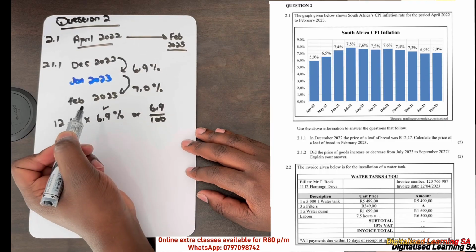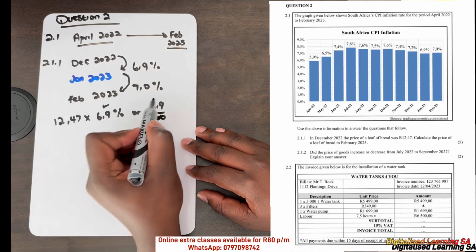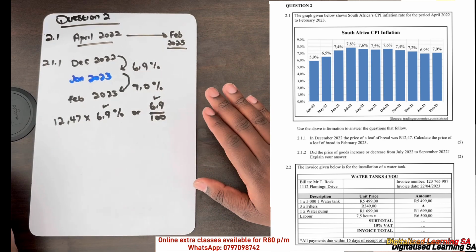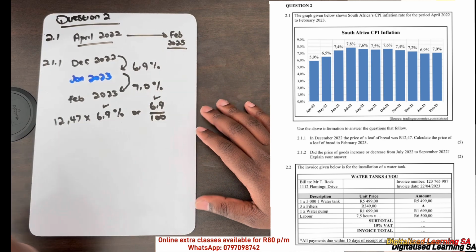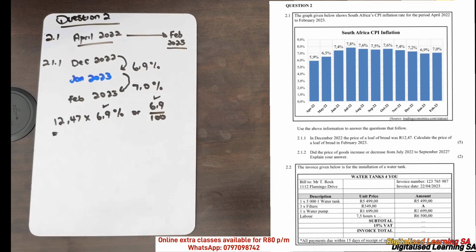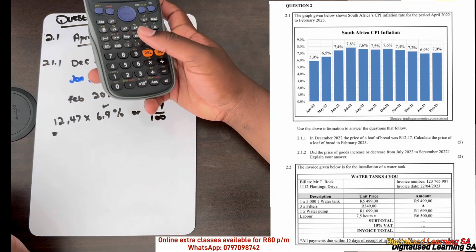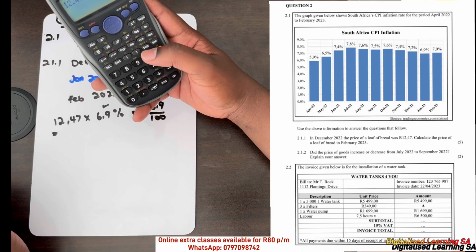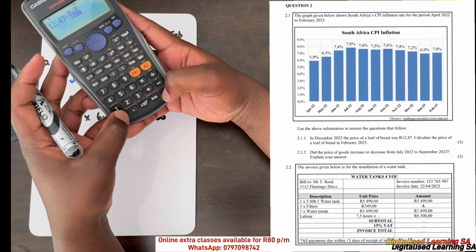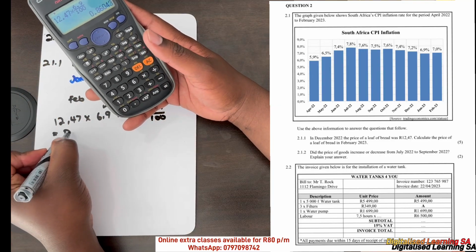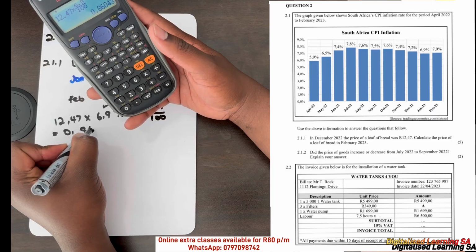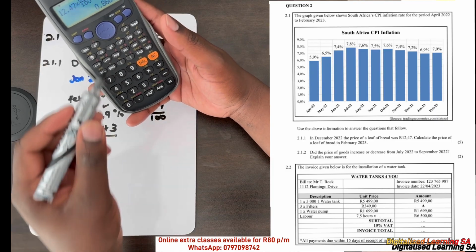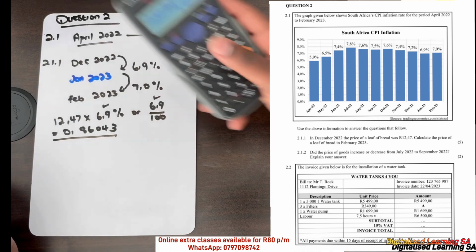Both these methods work the same, so the answer will be the same. Let's see how much we get: 12.47 multiplied by 6.9 divided by 100. Our answer is 0.86043. This is not our final answer, so we have to write everything in full.